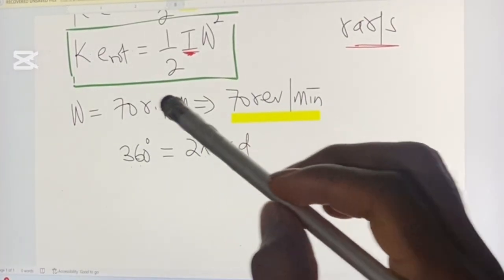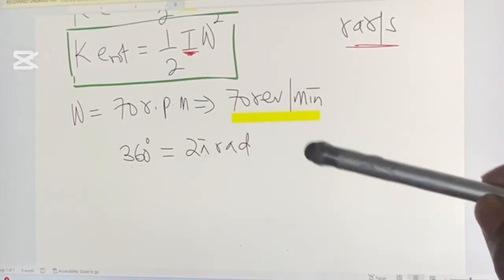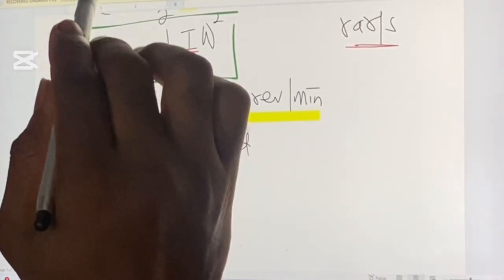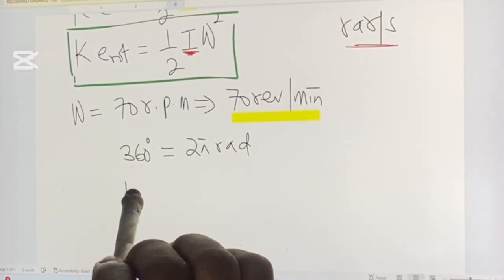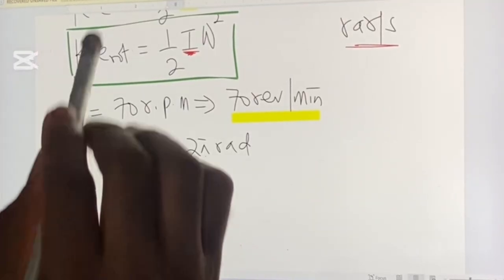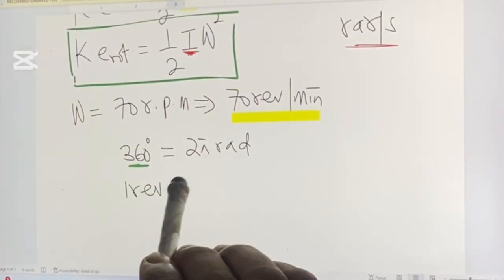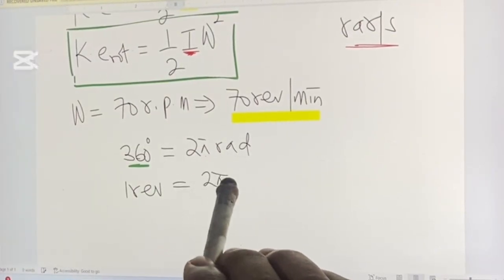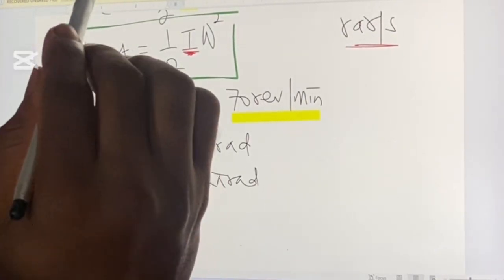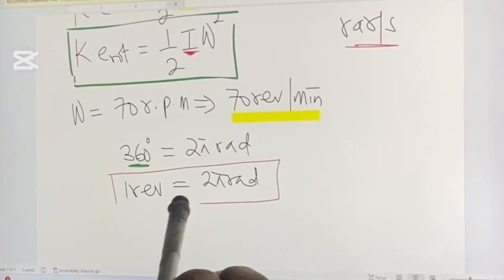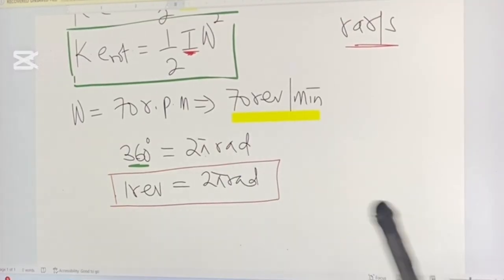And 360 is the same as the angle in a circle. So this is the same as one revolution, that's one circle, which is 360 degrees, equal to 2 pi rad. Class, that is the standard relationship between revolution and radians.